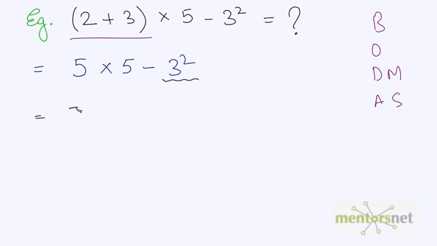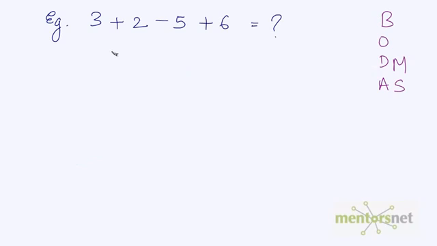So this is equal to 5 times 5 minus 9. Now we'll have to solve the multiplication first before the subtraction. So this is equal to 5 times 5 is 25, minus 9. And then what's left is the subtraction, 25 minus 9 is equal to 16. So this is how you simplify any expression. Keep in mind, while you simplify an expression, you have to use the BODMAS rule. Otherwise, you will get a wrong answer.